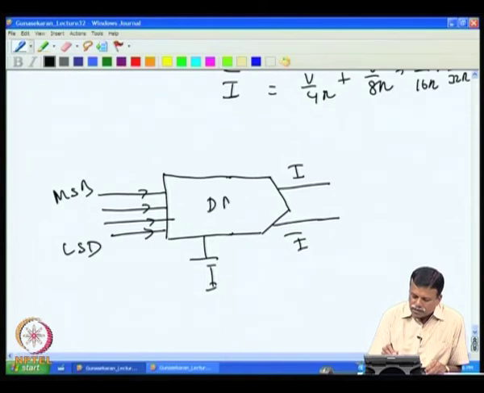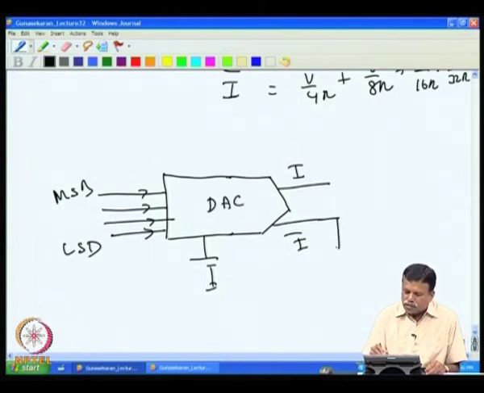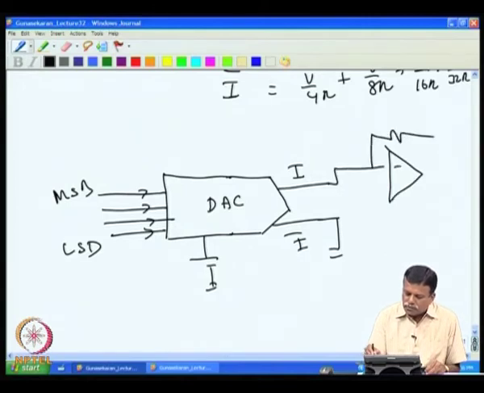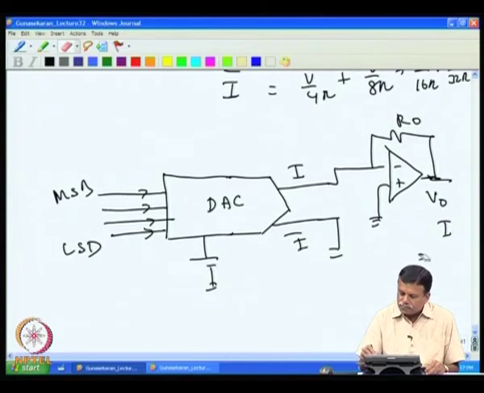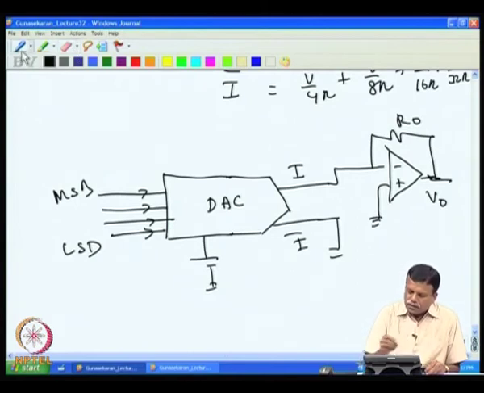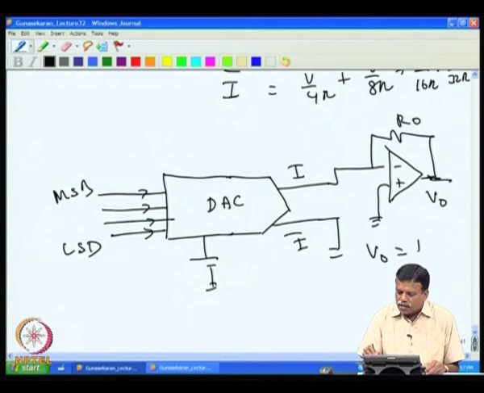If I want the output current, I can have this, which gives me the voltage V0 equal to I into R0. I can scale the I with R0, so V0 would be equal to I into R0.